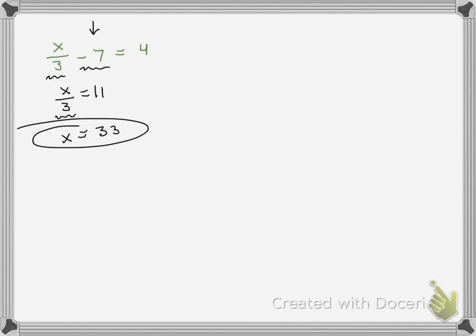If you end up with something where you have, this would be maybe my third step, variables to the left, numbers or constants to the right.